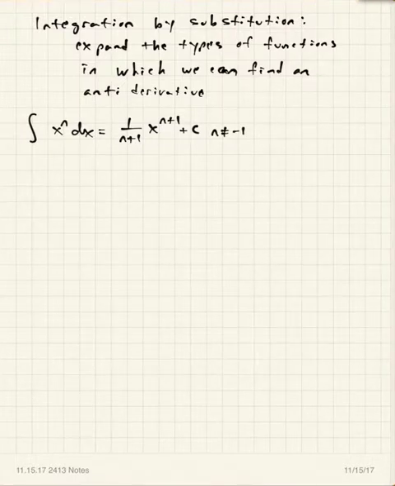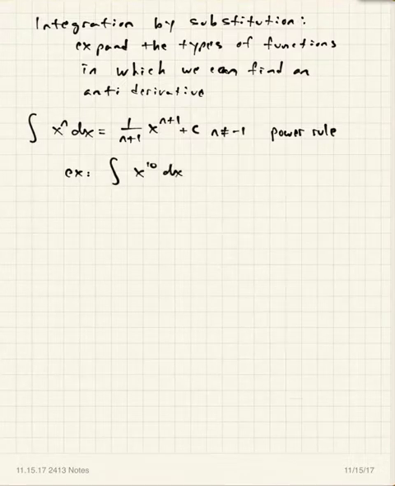Right? So that was our power rule for antiderivatives. That allows us, with no problem, to find an antiderivative for a function like this one. If you just had x to the 10th dx, that's an easy antiderivative. That would simply be 1 over 11 x to the 11th, plus an arbitrary constant. Not a big deal at all.